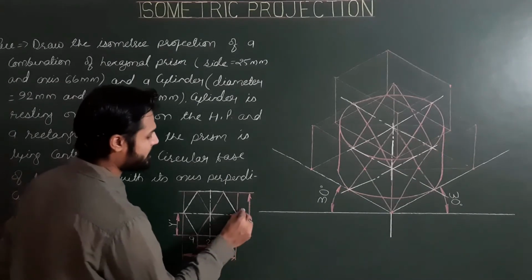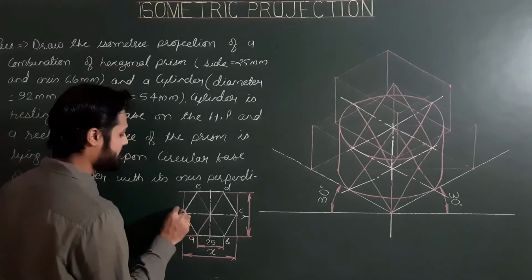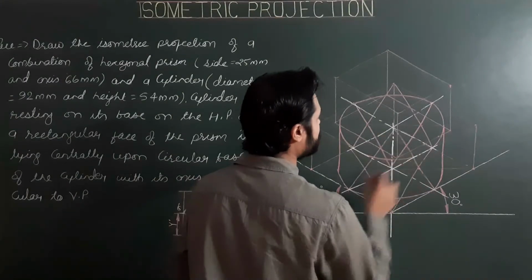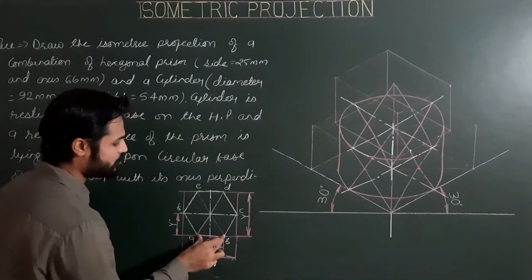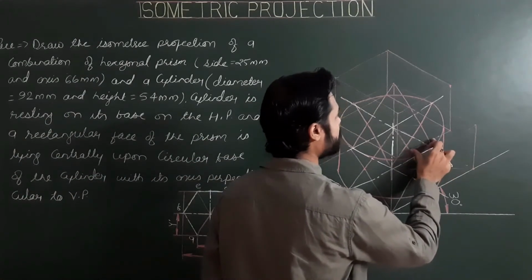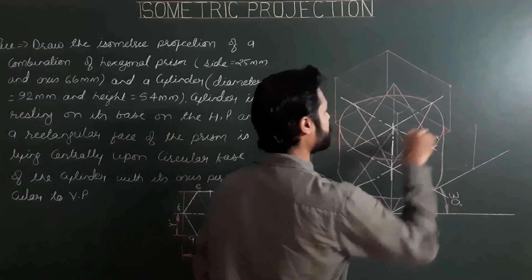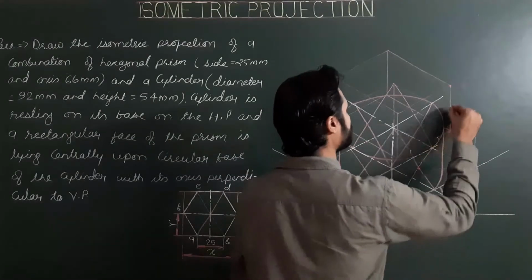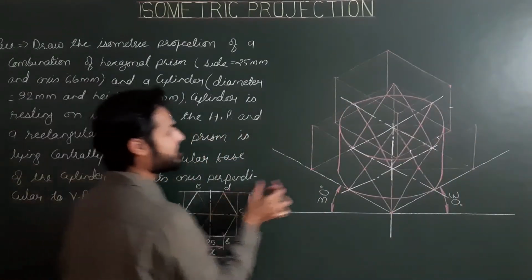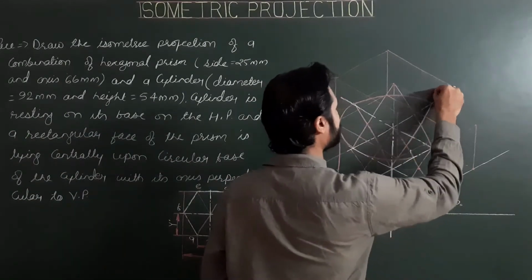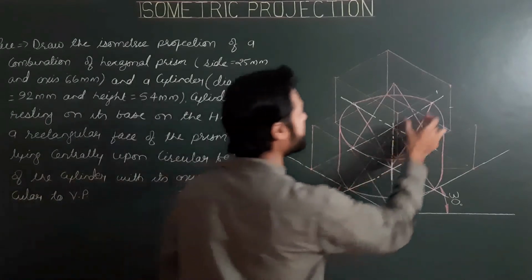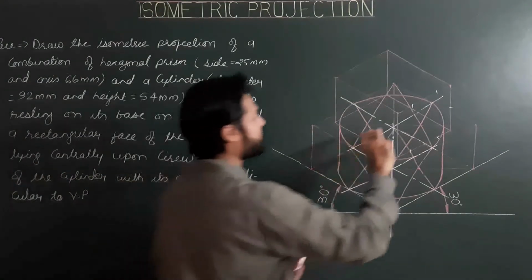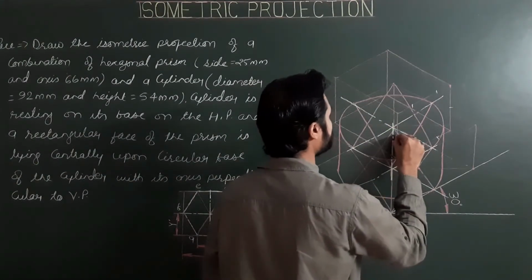See, these points are A, B, C, D, E, and last is F. So from the first corner A to B, then corner to C, this is C, upper corner to D, from the topmost corner to D, D to E, this is E, and from the upper corner to F, this is F.